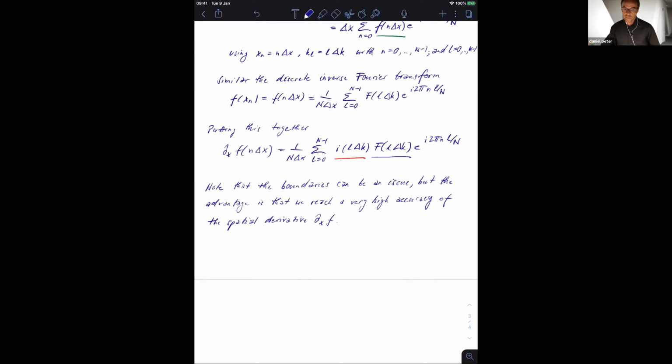So the delta k, the wave number increment, is determined by how we choose the grid spacing, the delta x.